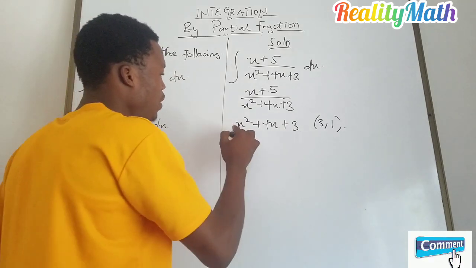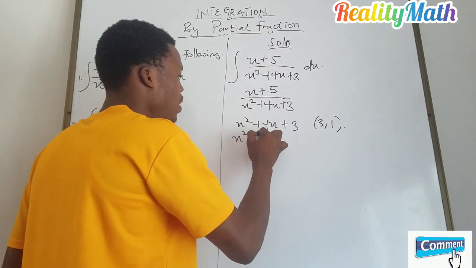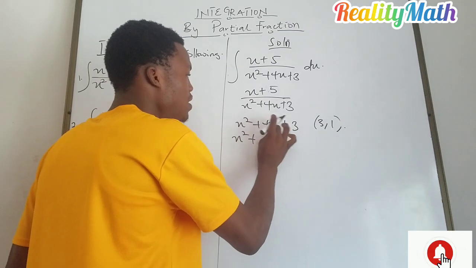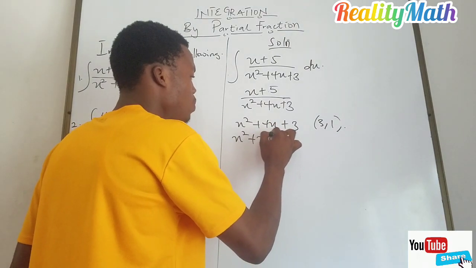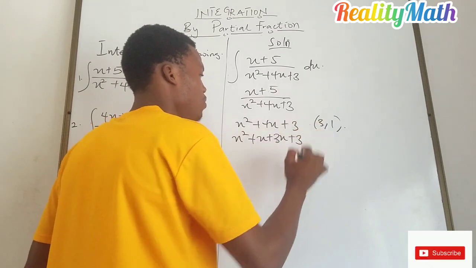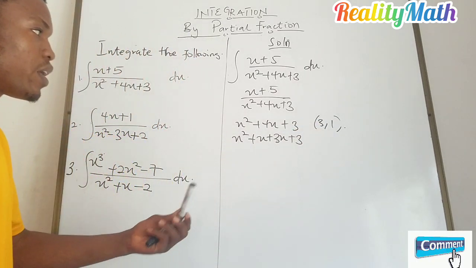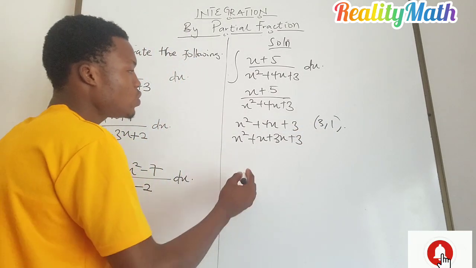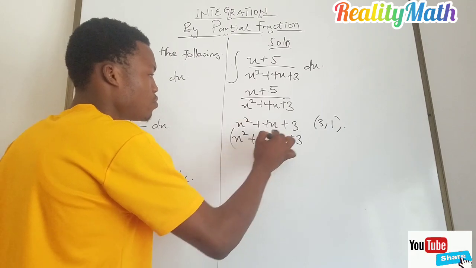So let's break it down. We have x squared plus, and now I'm going to replace 4x with 3x plus x. We are just breaking it down. Let's group like terms.